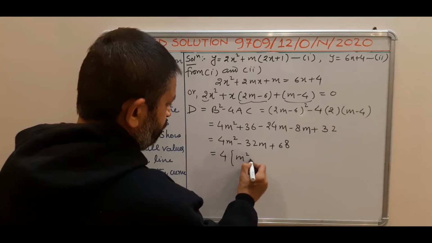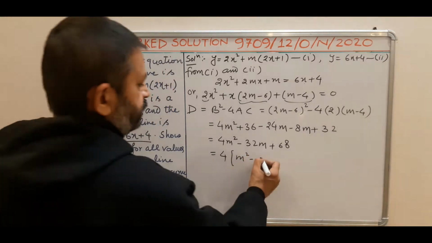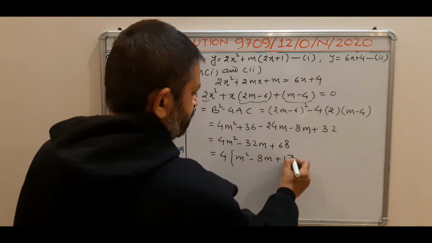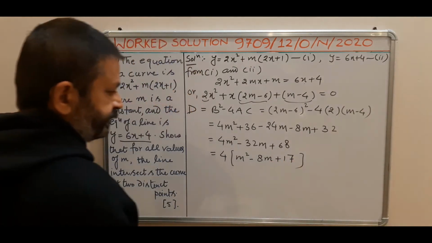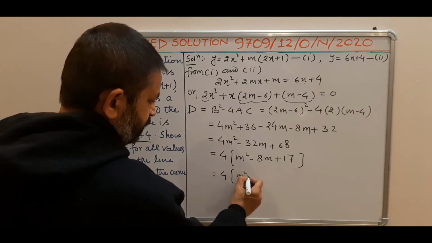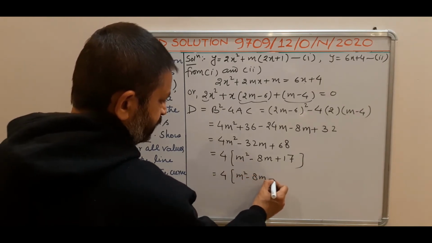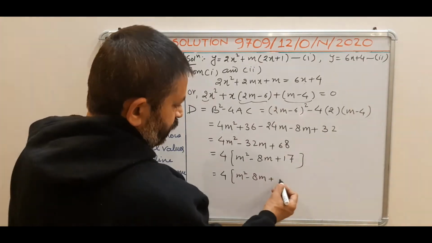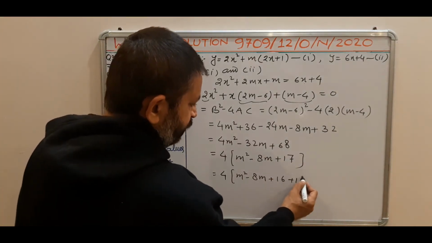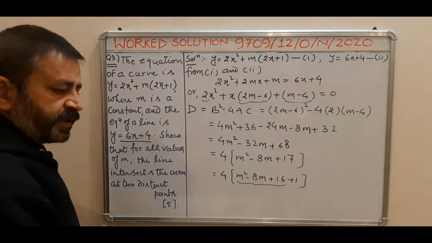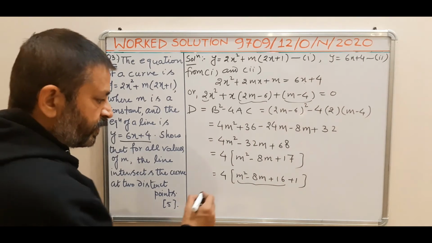It is m² − 8m + 17, which can be written as m² − 8m + 16 + 1, since we'll try to make it a complete square. These three terms give you a complete square, that is (m − 4)².